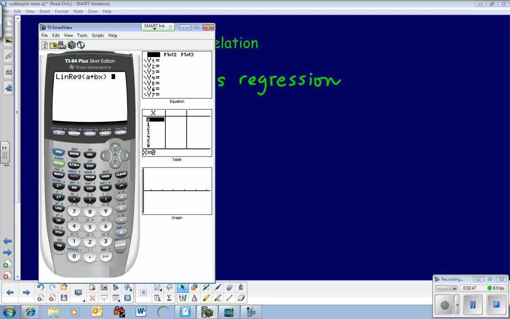It's defaulted to list numbers 1 and 2, so you can go ahead and hit enter. I'll show you a few other options in just a minute. And what this gives us is the equation of a line.